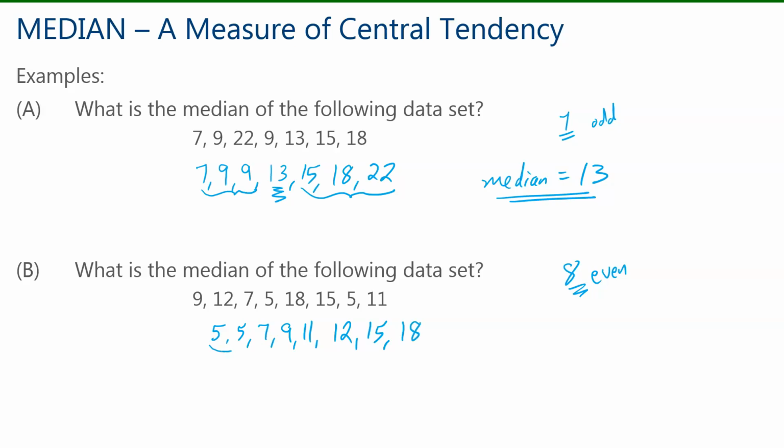I will again group 3 pieces of data on the left to match up with 3 pieces of data on the right, leaving me with 2 middle values, the 9 and the 11. You may just be able to look at that and tell me what is halfway between 9 and 11. I suspect you can. However, if you want to show a little bit of workings here, we add those 2 values, divide by 2, and 20 divided by 2 is 10. The median for this particular data set is 10.